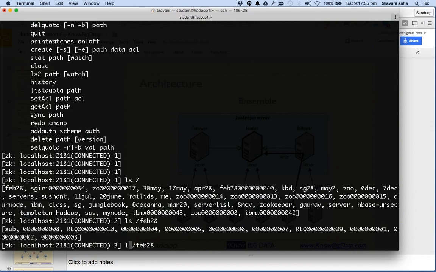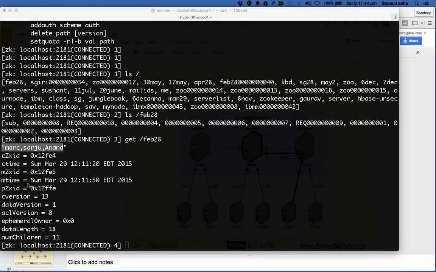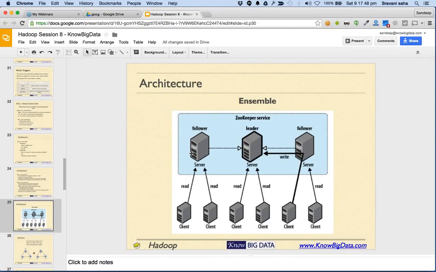What is stored in the case of fab 28? You can see Mark, Sarju, and Anand is the data. Perfect. So I am the client right now. This command line is the client. While follower and leader are part of the ensemble server. These are part of the server.